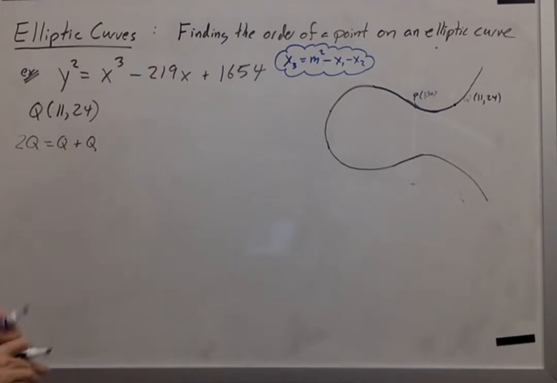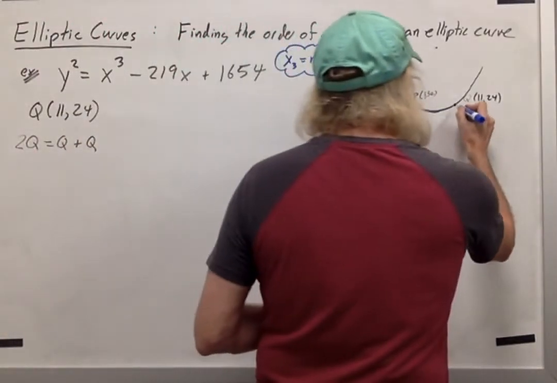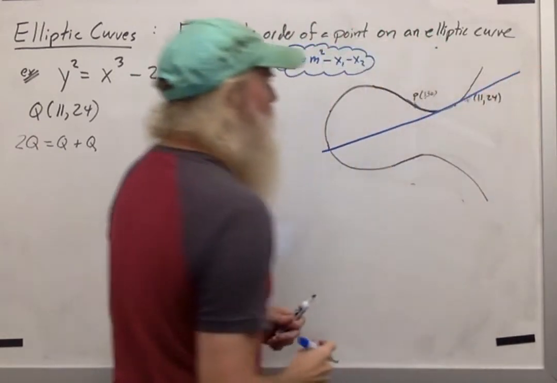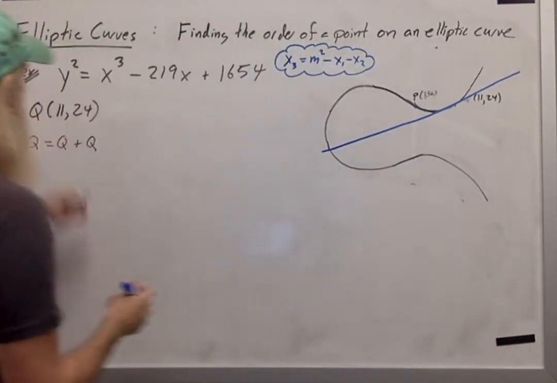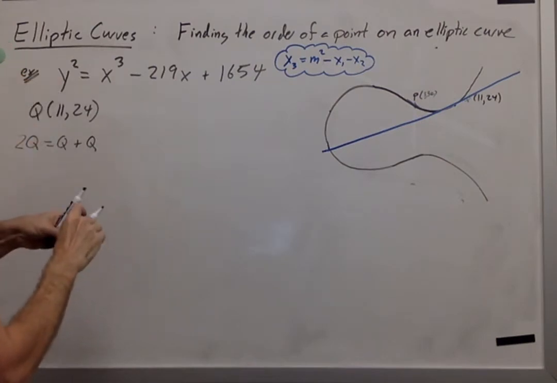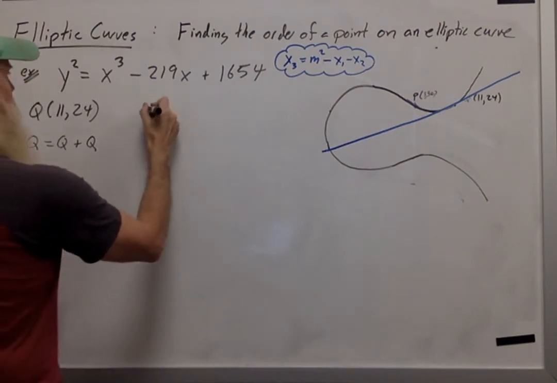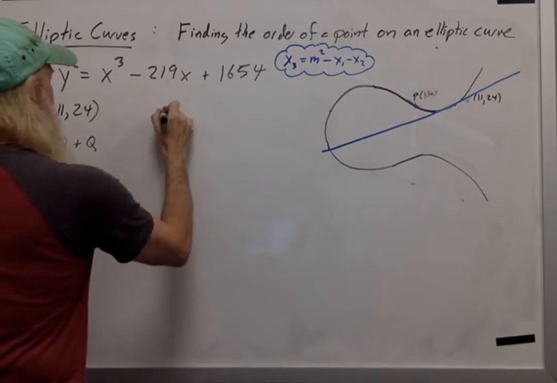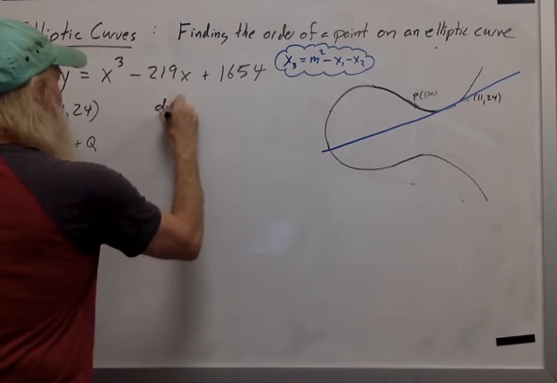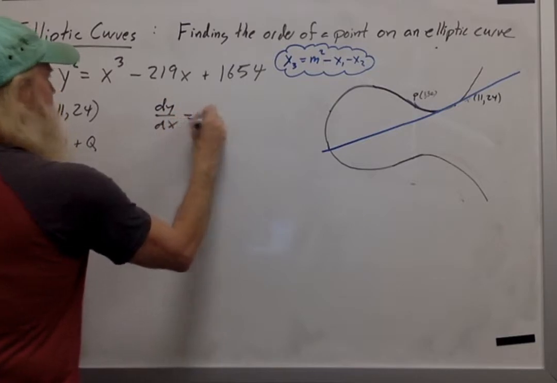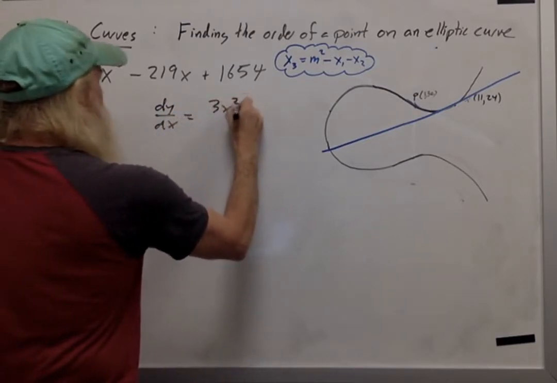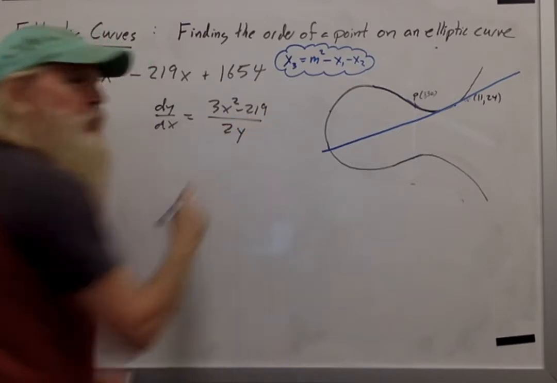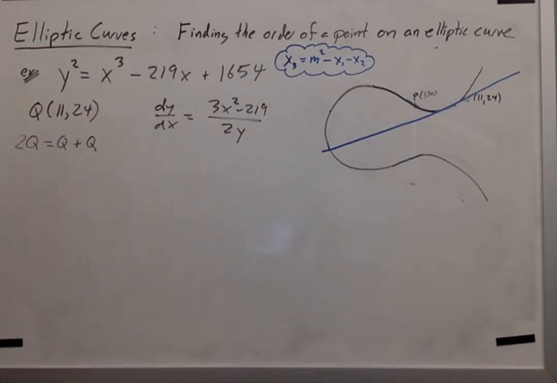To find that, we need to find the tangent line to the graph at Q, and we'll use implicit differentiation, just as we did before. So we can use the same formula as before, which was that dy/dx is equal to (3x squared minus 219) over 2y. I derived that in the previous video.